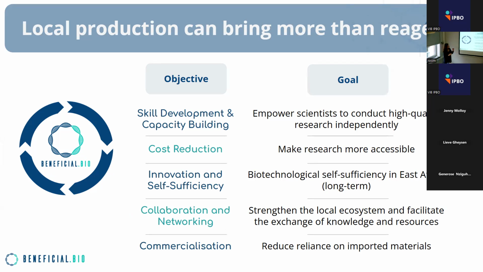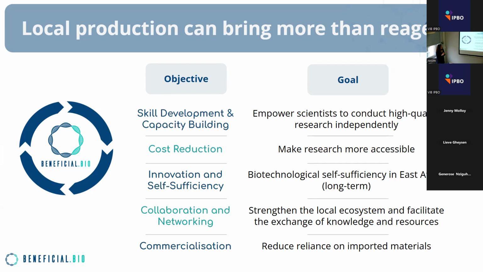So one objective is to bring skill development and capacity building for biomanufacturing and for recombinant protein expression, because these are general purpose skills that can not only be beneficial for research, but also for entrepreneurship and thinking about innovation. And so by empowering scientists to conduct that high quality research into the protein and protein production space, we feel like that's in and of itself a valuable contribution.